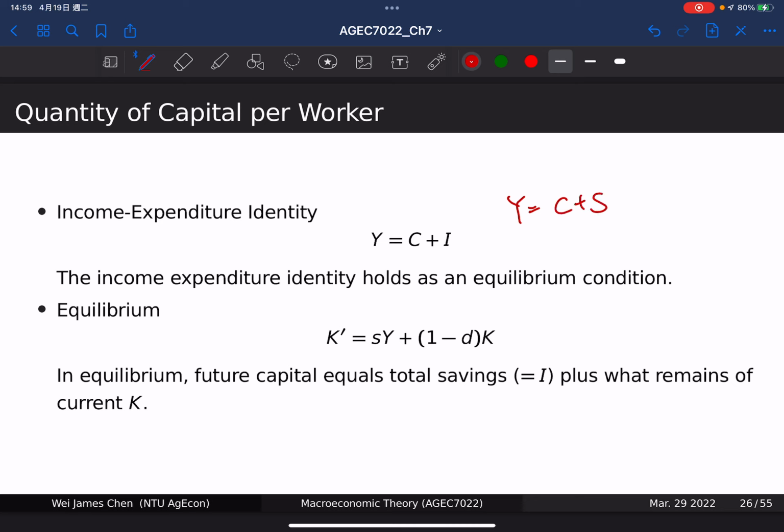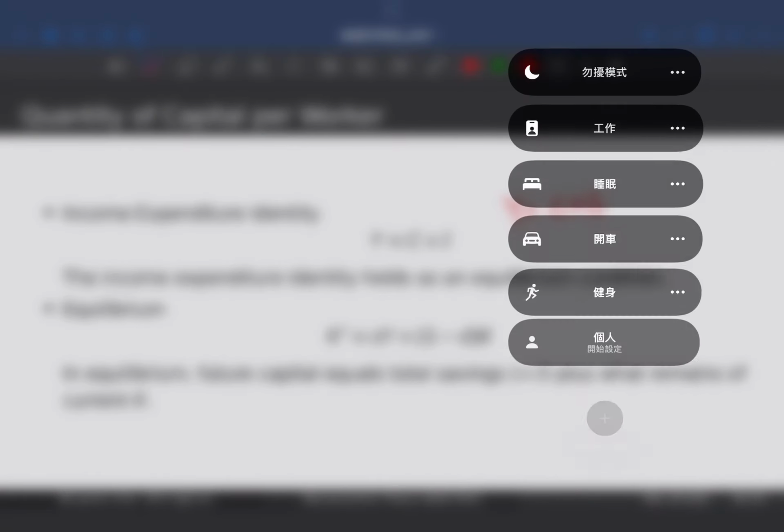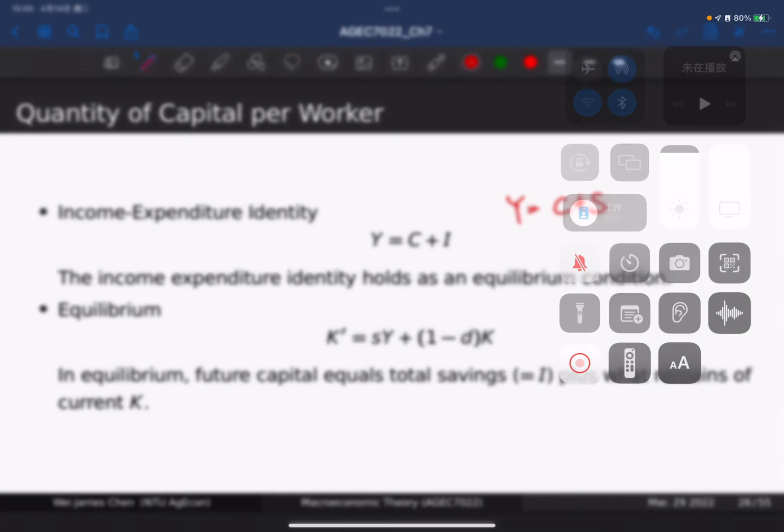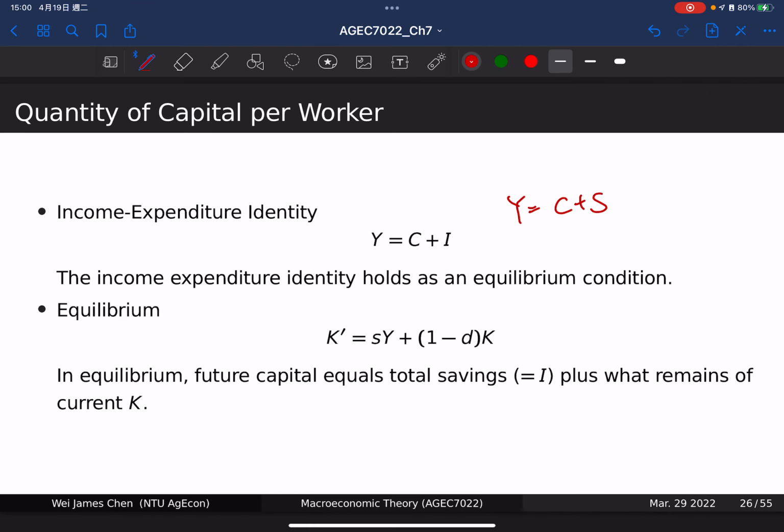Why now it becomes c plus I? The key here is that S equals I. Saving equals investment. And the reason why I write I here is because this is an income expenditure identity. This is how money is spent. Saving is not a spending.